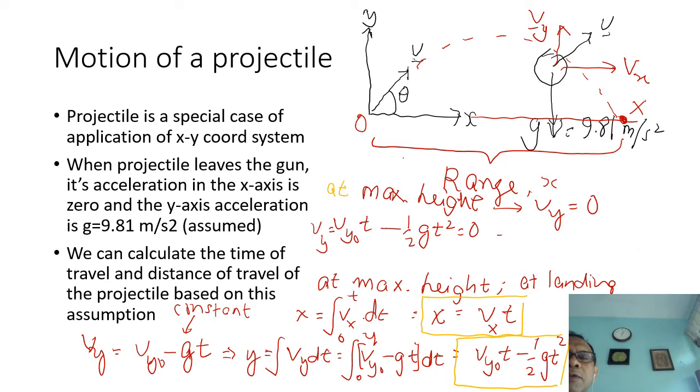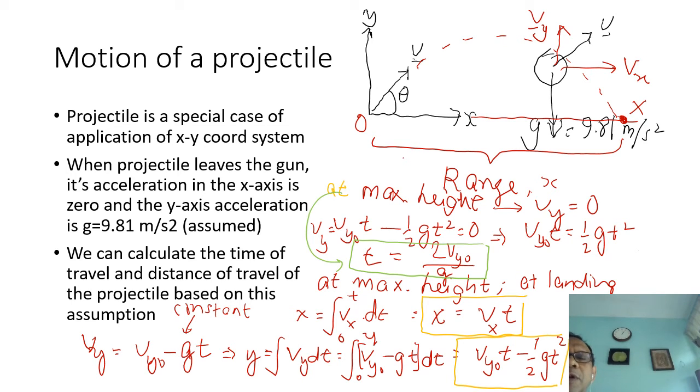Then we can find that Vy naught t equals half g t squared. So the time equals 2 Vy naught over g. So that, my dear, is the time needed to reach the maximum height.